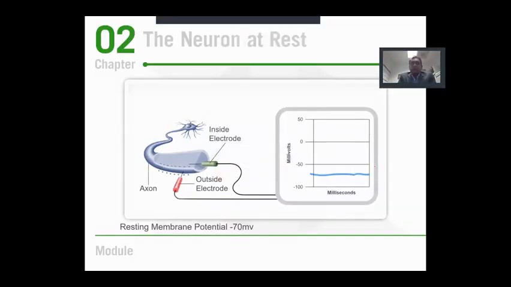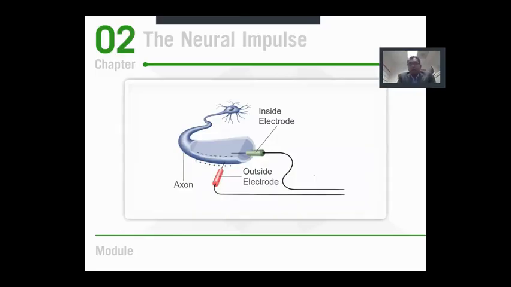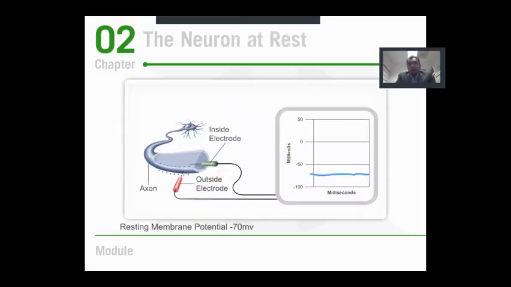Now, just think of a cell or a battery. Let's look at this one. So this is a cell or a battery, right? And there is a positive charge on one side and a negative charge on the other side. If you look at it carefully, it says 1.5 volts on this one.